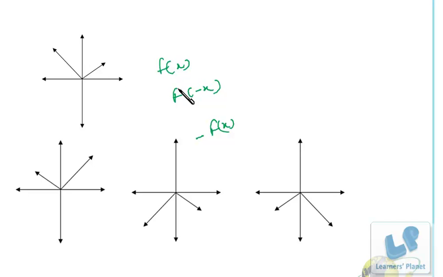Now from f of x to minus of f(x), right? This is an inversion along the x-axis. As it is, this graph is turned along the x-axis. You can very well see that. So this is the graph of minus of f(x), right? So if you draw this graph on a paper and if you invert it along this x-axis, you'll be getting this.